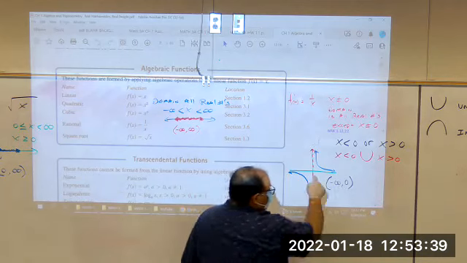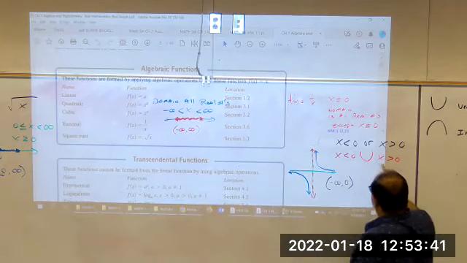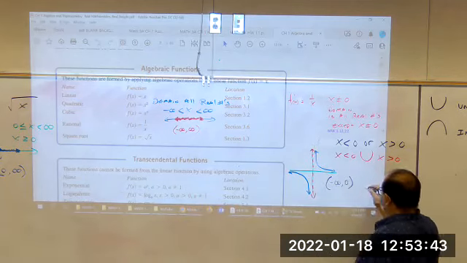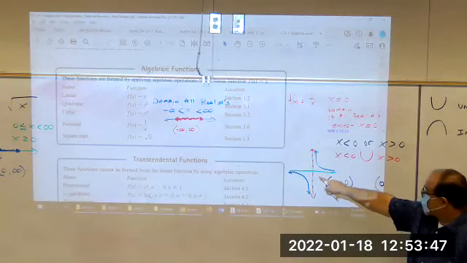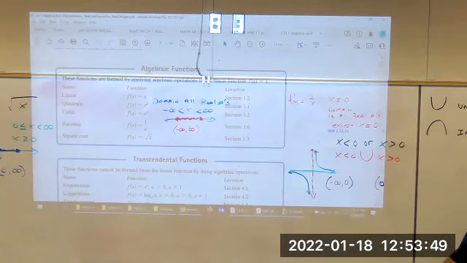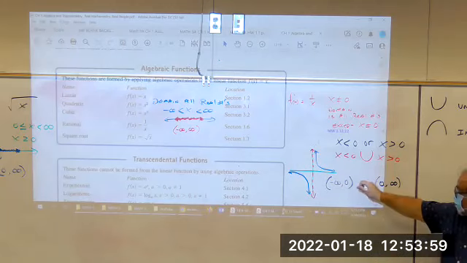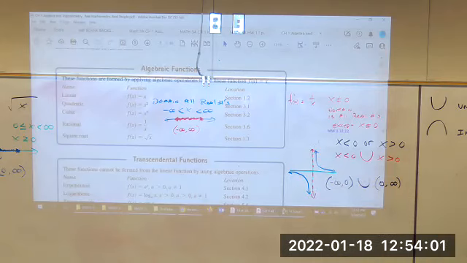On the right-hand side, it's everything greater than 0. So that's going to start from 0, but again, it doesn't equal it, so it's a parentheses. And it goes all the way to the right to infinity. And then what holds them together is a union of those two sets.